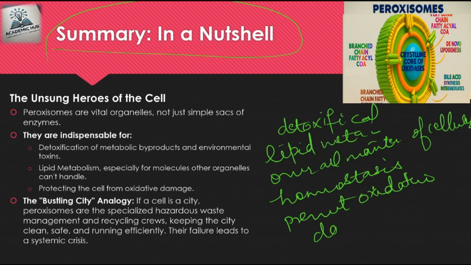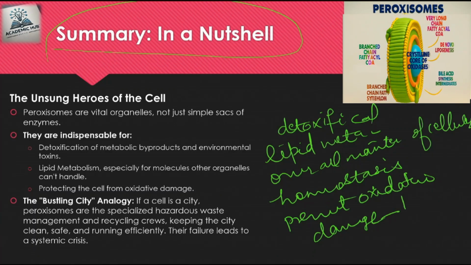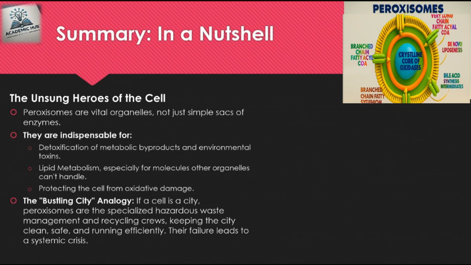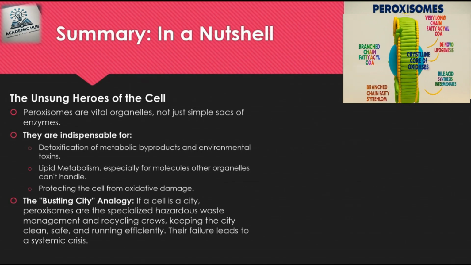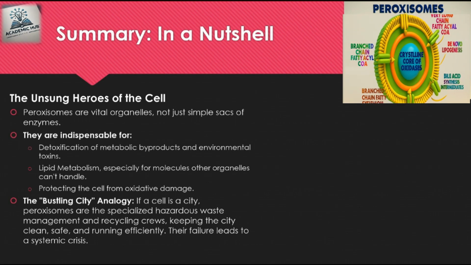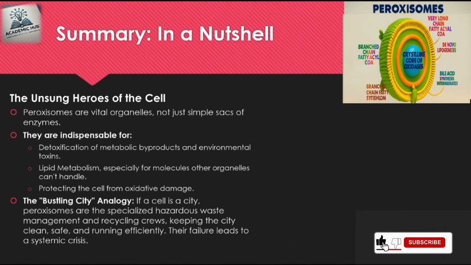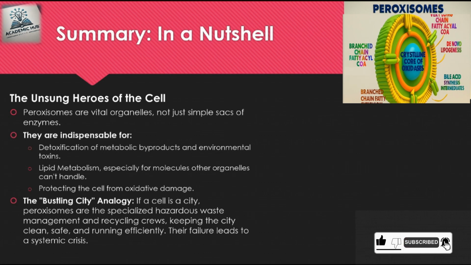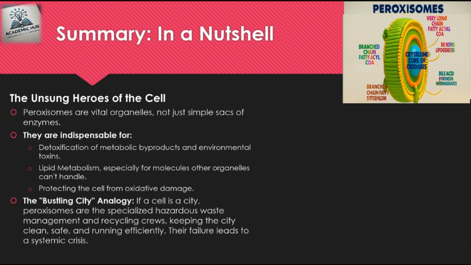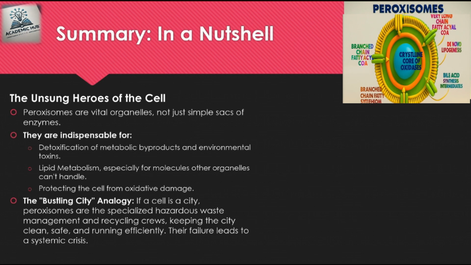They prevent oxidative damage by breaking down harmful substances like H2O2, catabolize toxins, and contribute significantly to cellular energy production through fatty acid breakdown. The severe consequences of peroxisomal defects, including devastating genetic diseases like Zellweger syndrome, adrenoleukodystrophy, and rhizomelic chondrodysplasia punctata, underscore their critical importance to human health and development.